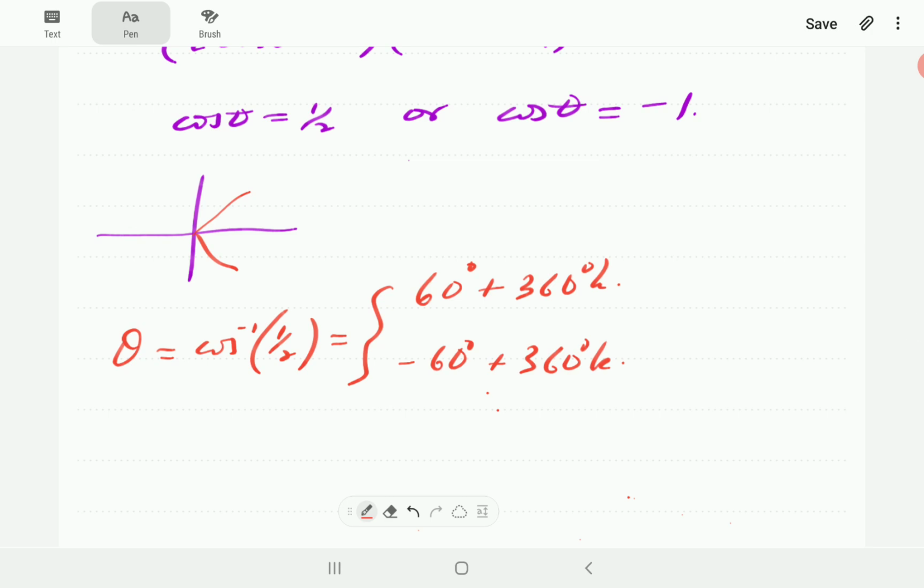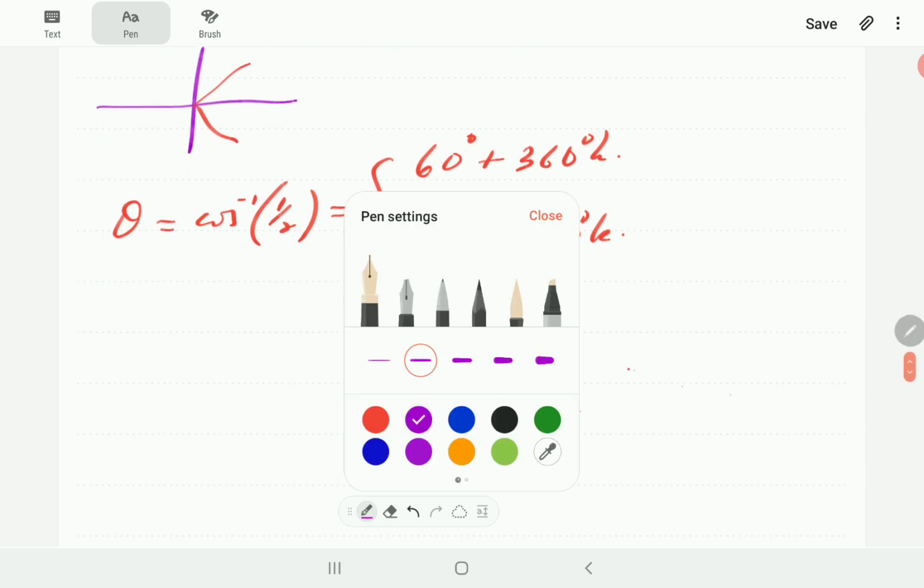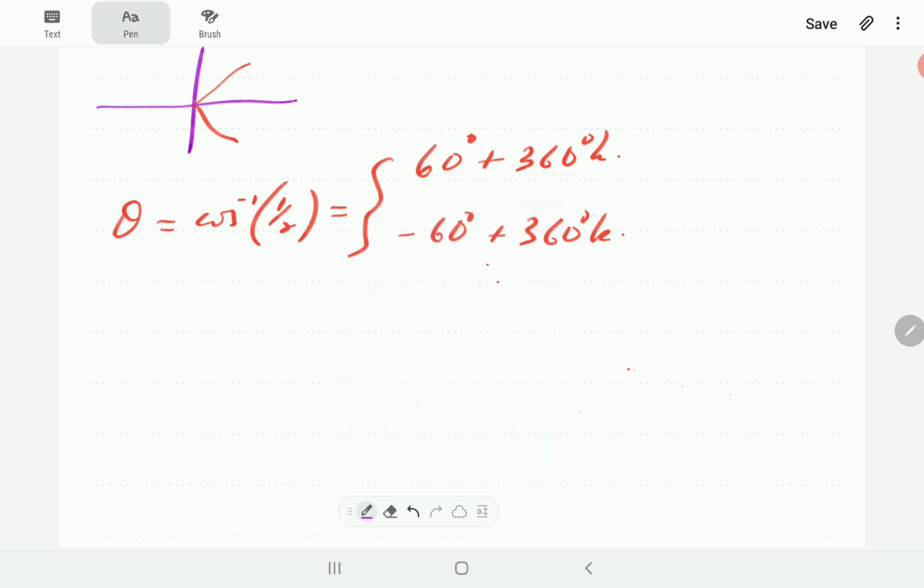And then you can convert them to radians, etc., and find the ones in the interval.